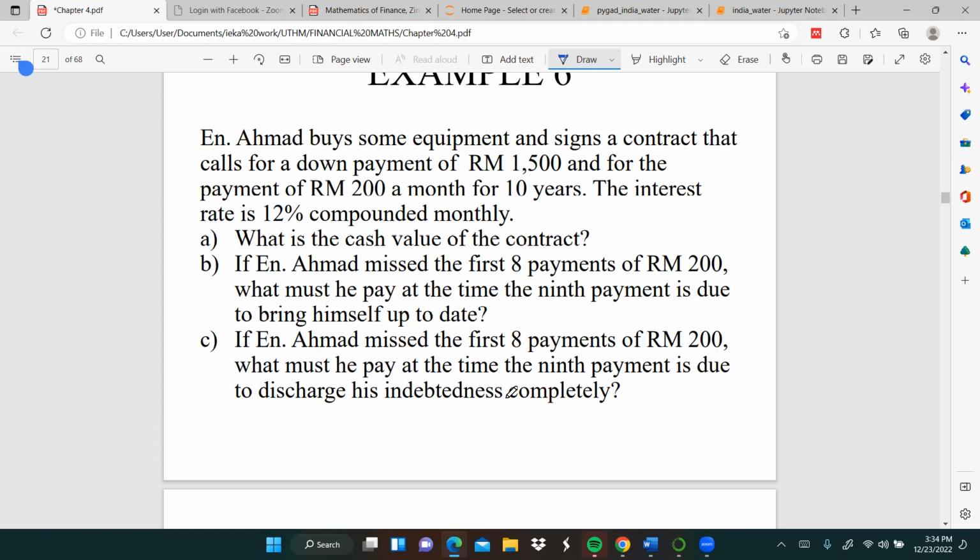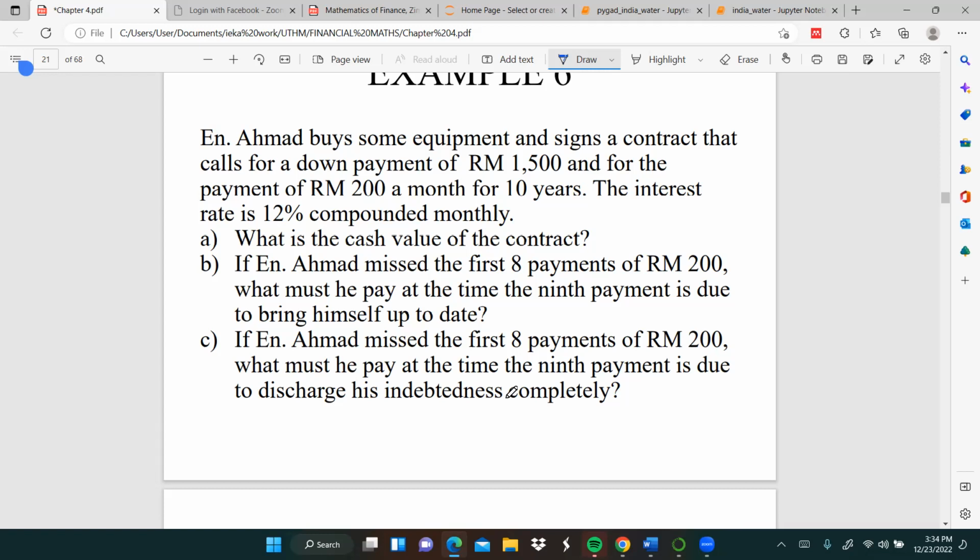So bila cakap accumulated value ni, dia dah termasuk dengan interestnya sekali lah, sebab dia tak bayar selama 8 bulan tu. So bulan yang ke-9 tu berapa yang dia perlu bayar. Okay, soalan yang seterusnya dia sama macam yang B tadi, dia miss 8 kali payment tu.